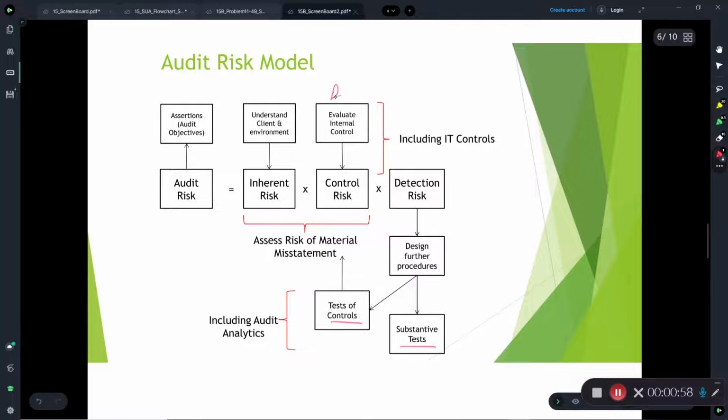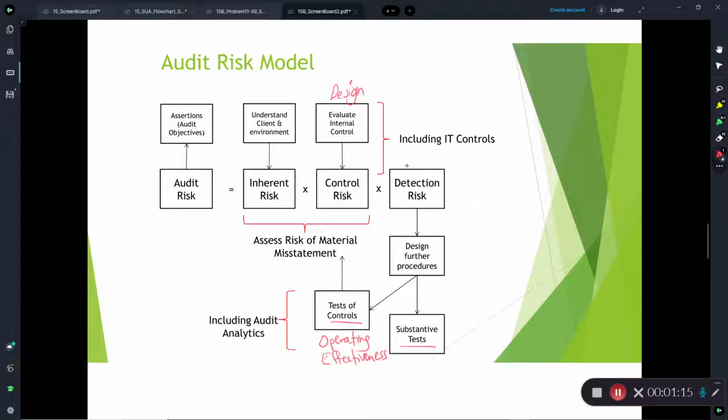And again, we're going to do this at design. We're going to look at the design first, and we're going to come back later and look at the operating effectiveness with our testing.